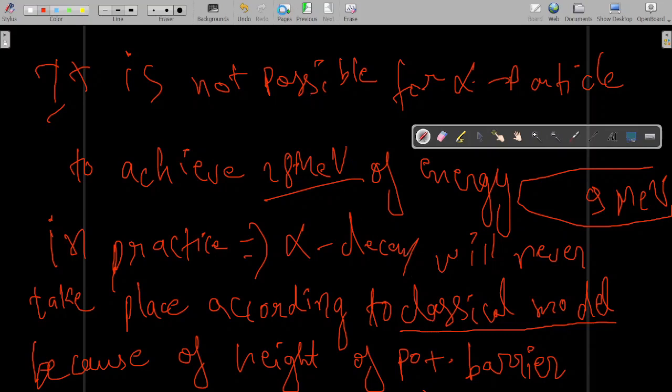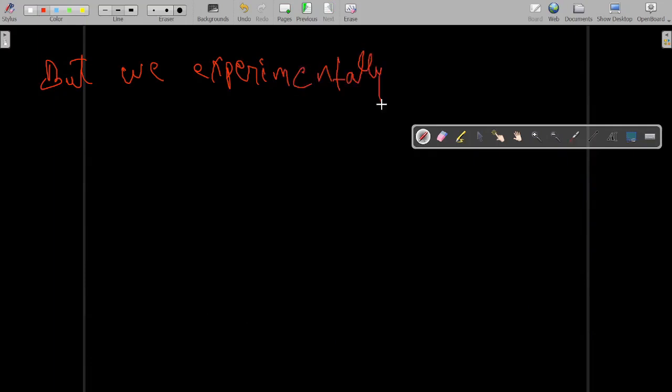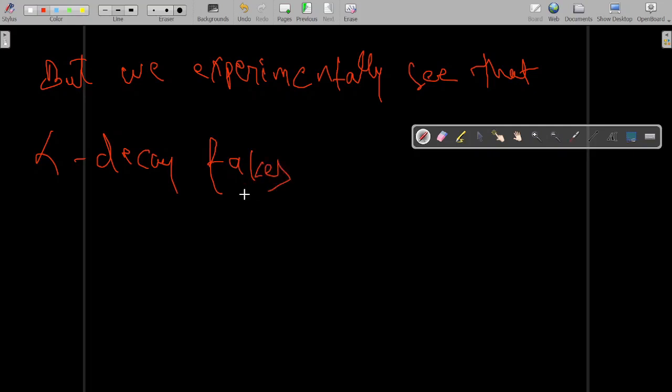Okay, but this is wrong. We experimentally see that alpha decay takes place.